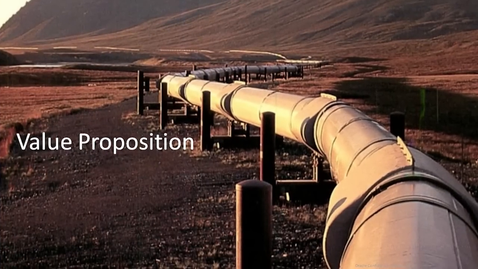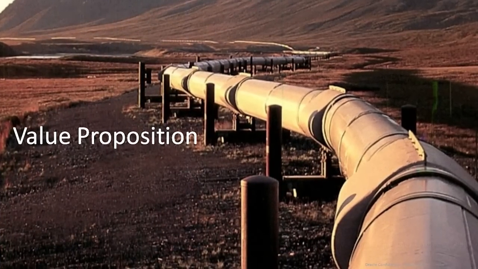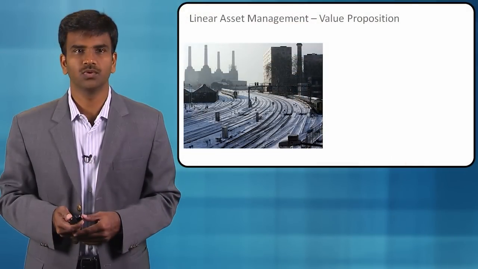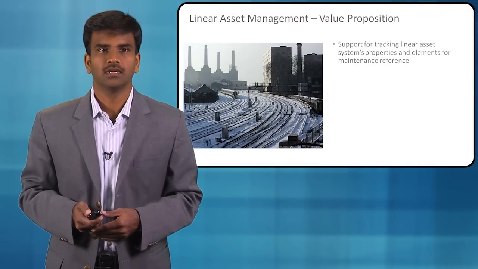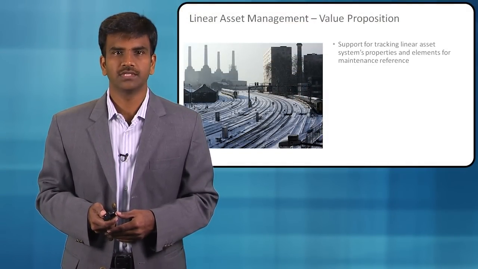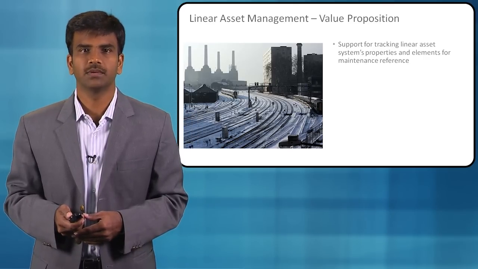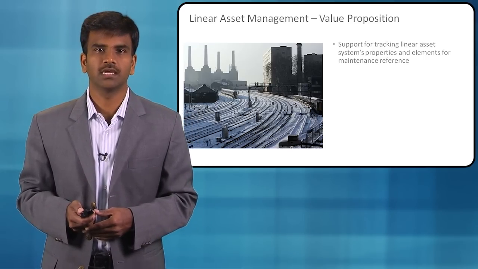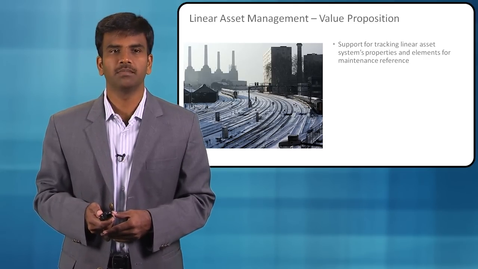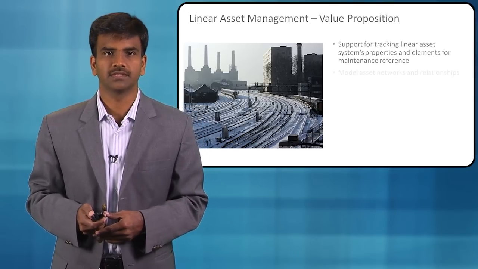We will take a look at some of the value propositions that the customer will derive out of implementing this new feature. This linear asset management feature will support tracking of linear assets and the system specific properties which are related to linear assets, like properties and elements, which can be used for maintenance reference.